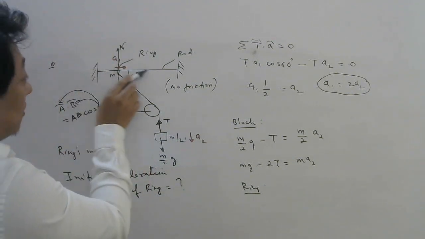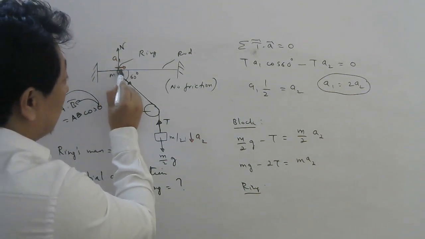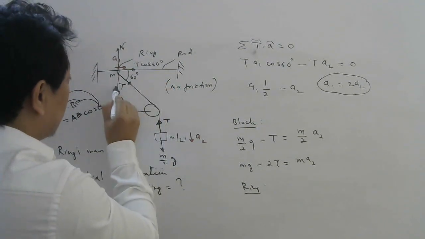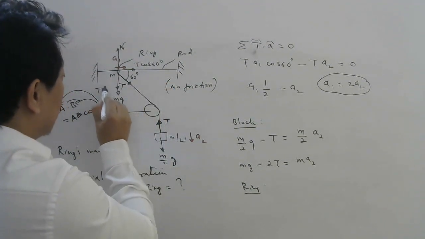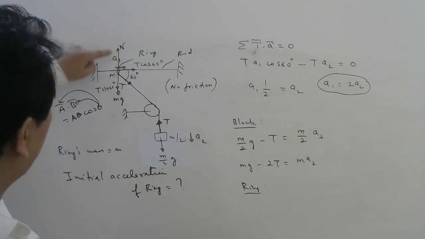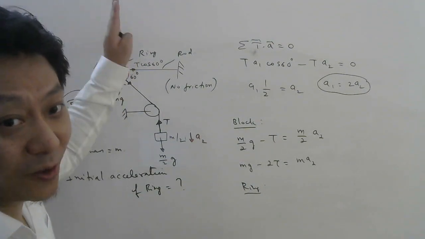So which force is this side? Of course the component of this tension, right? So this T will have one component here, T cos 60, and another component here, T sin 60. And this normal must balance T sin 60 plus mg, because vertically there is no acceleration.